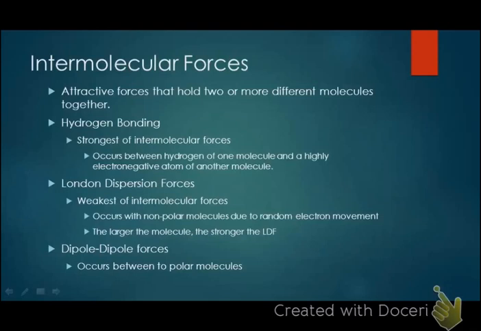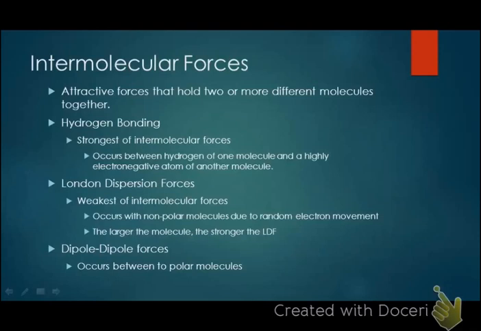Starting off with hydrogen bonding, this is going to be the strongest of the intermolecular forces. Now, all three of these forces that are given to you are actually fairly weak, but in terms of strength, hydrogen bonding is actually going to be the stronger of the three. Hydrogen bonding is going to occur between the hydrogen of one molecule and a highly electronegative atom of another molecule.